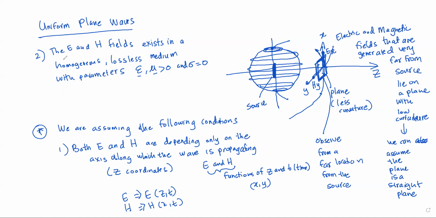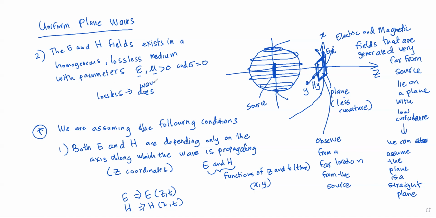So the wave that is generated is propagating in a homogeneous lossless medium, and the medium has some parameters that define its qualities. The epsilon and mu define the medium's qualities. The lossless term, what does it mean? It doesn't attenuate.